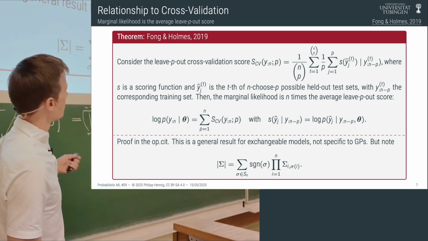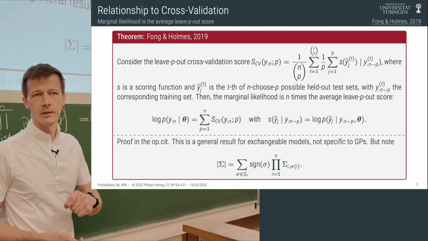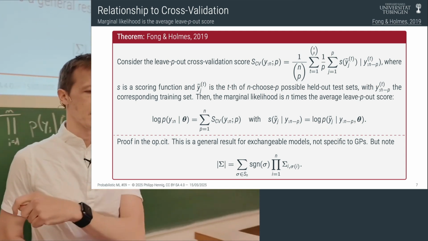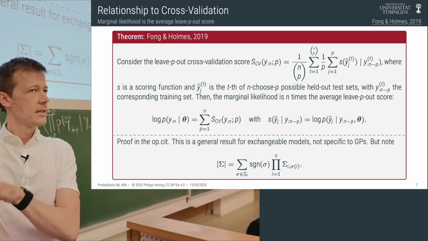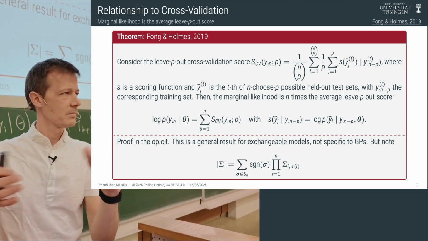But for those of you wondering where this determinant comes from, you might remember from your first-year undergraduate linear algebra lectures that determinants are these interesting objects that measure volume.